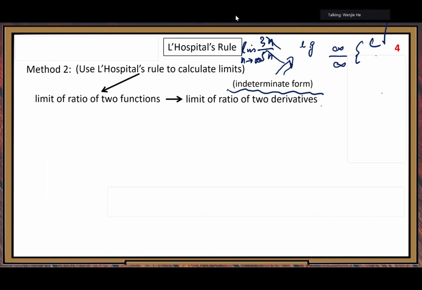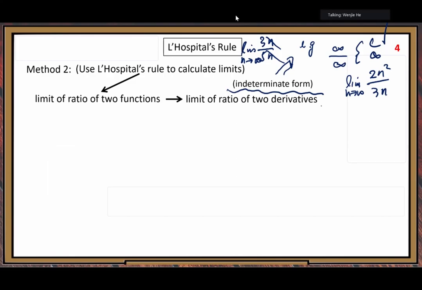Possible, right? Second possibility: can it be another infinity? Yes, it could be infinity. For example, consider 2n squared over 3n. 2n squared goes to infinity, 3n goes to infinity.